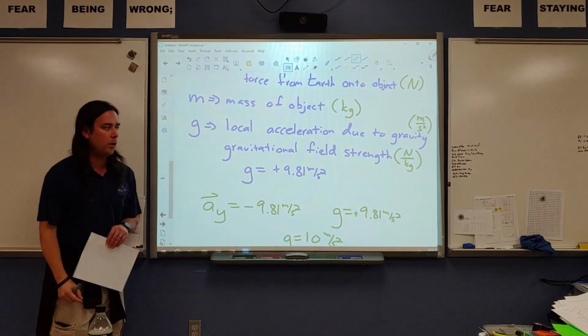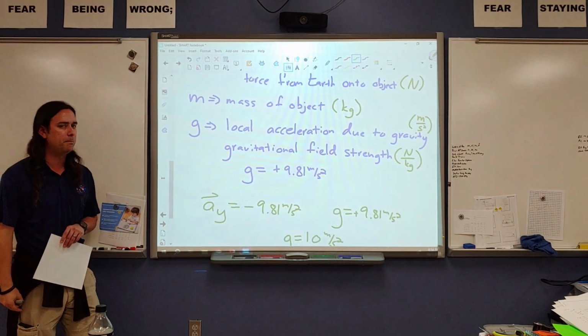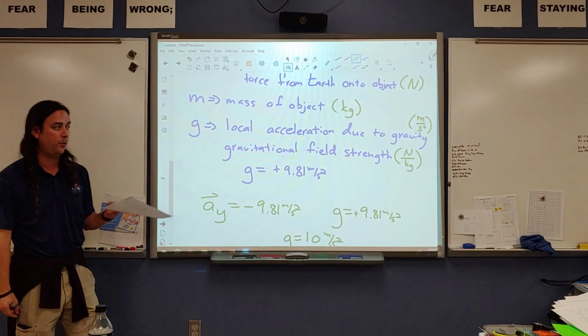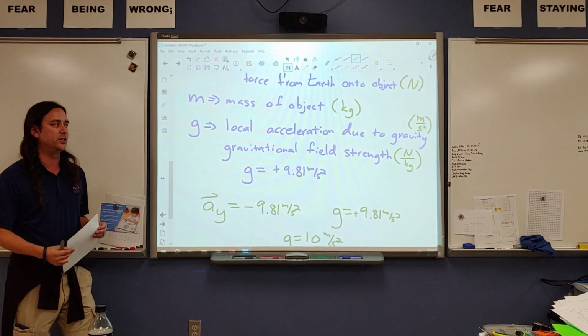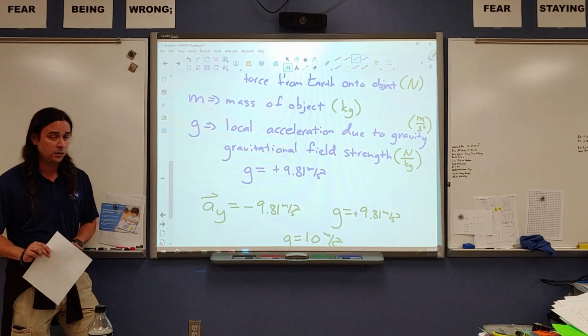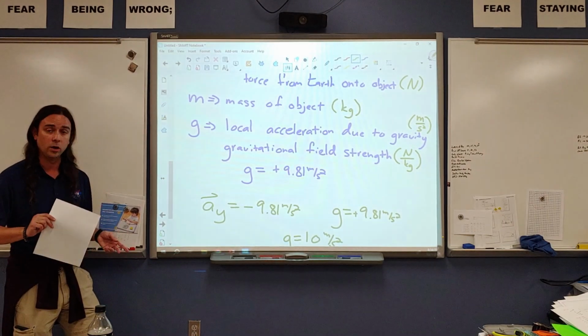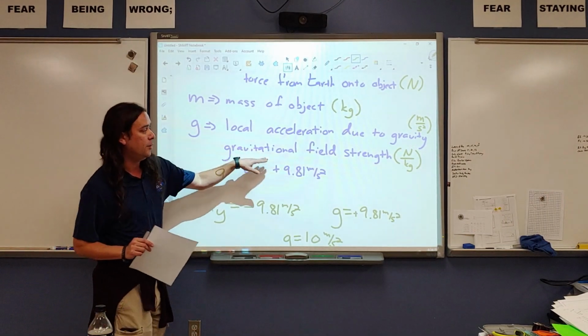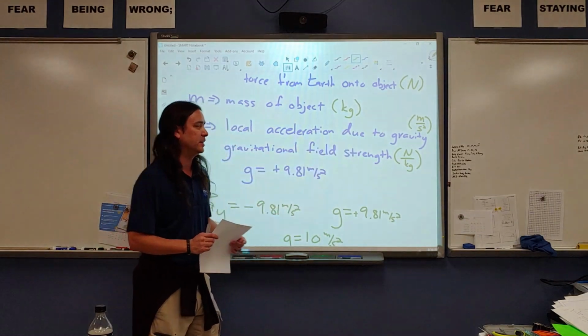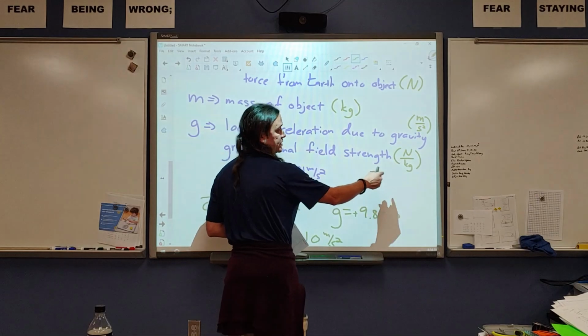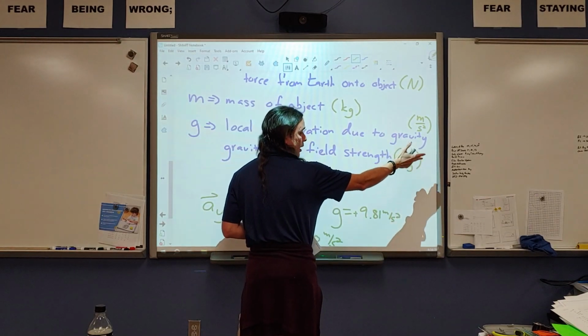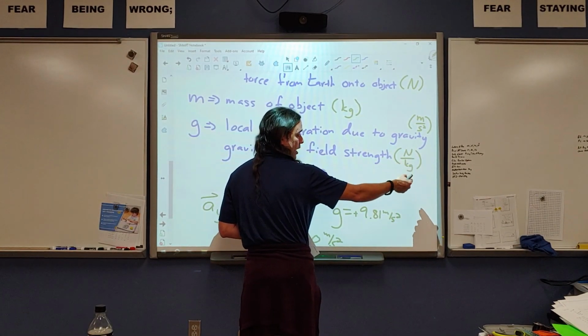Now, when you learn more about fields, you'll see that that's probably a better way of describing what the gravitational field strength is, but it turns out that it's functionally the same, at least for gravity. This is not the case for electromagnetism, but for gravity, the field strength is effectively the acceleration due to gravity on an object. Please remember from one of our previous lessons that a Newton is a kilogram times meter divided by second squared.